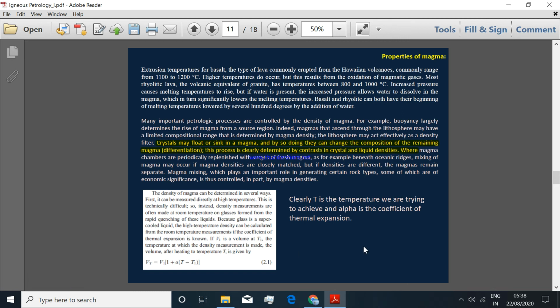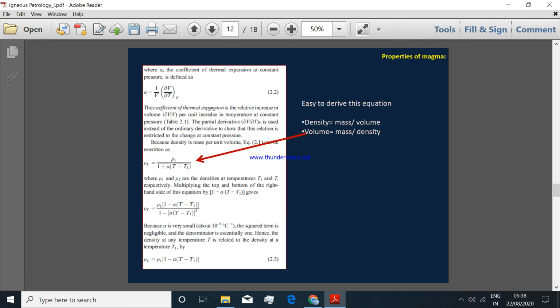This equation is very common, and if you substitute the volumetric term by the density term, which is mass by volume, the equation takes this form. Then by multiplying the top and bottom, we can find that density of the magma will be dependent upon the thermal expansion of the magma also.